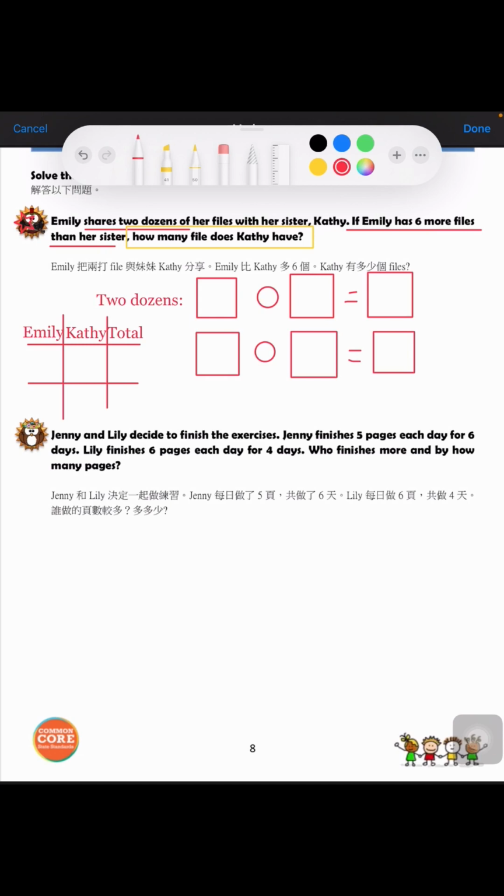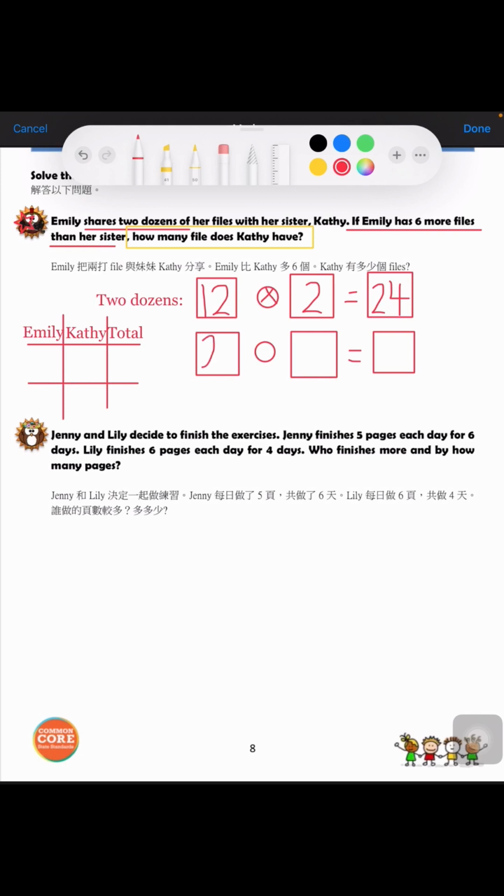Do you remember each dozen equals to 12? So 2 dozens would be 12 times 2, which means 12 plus 12, which equals to 24. So the total number of files they have would be 24.